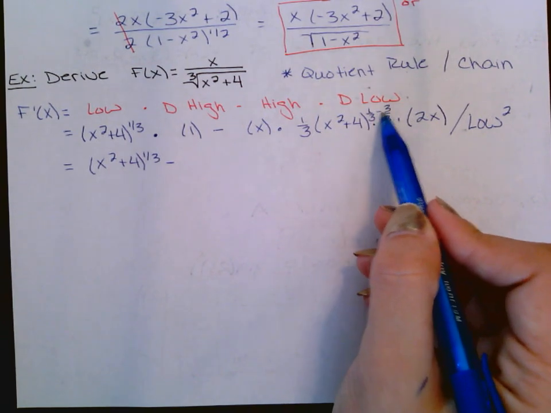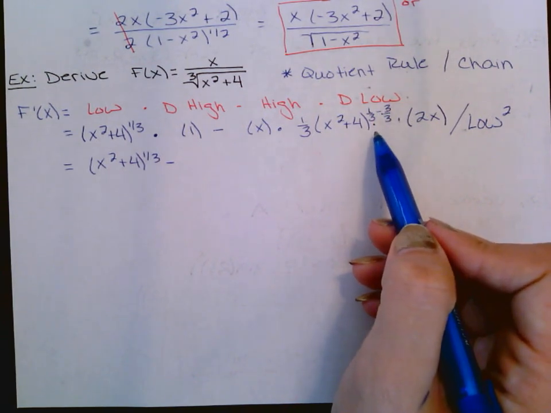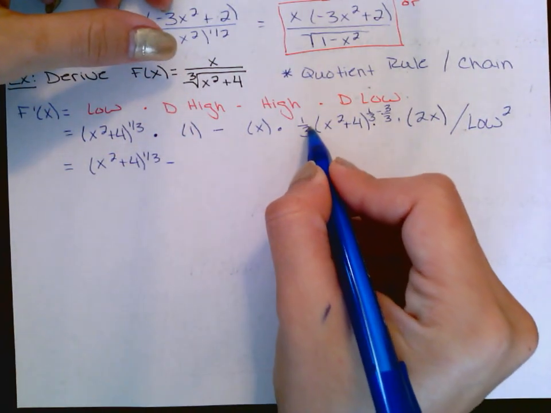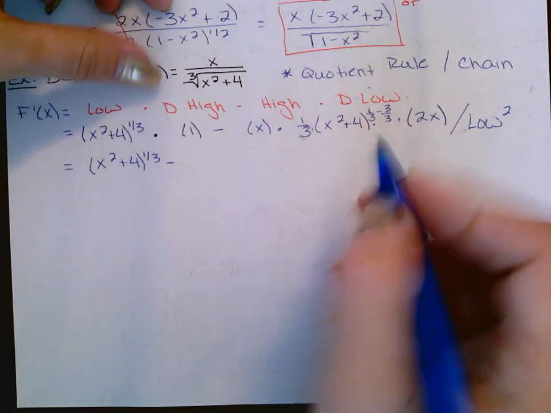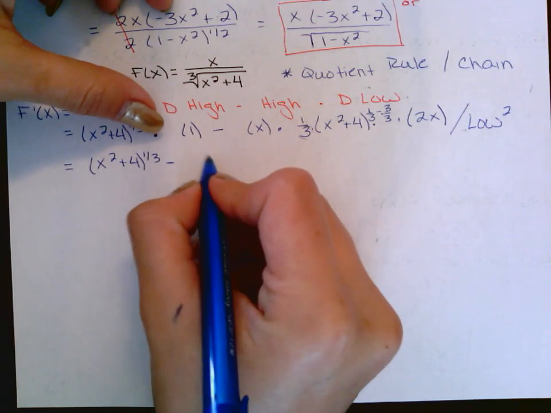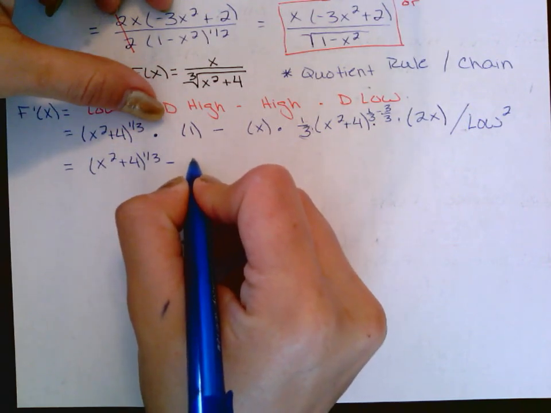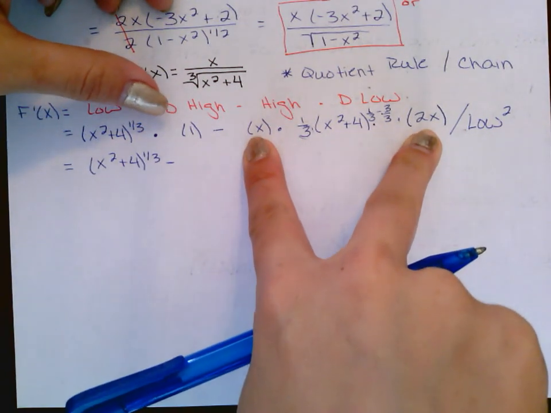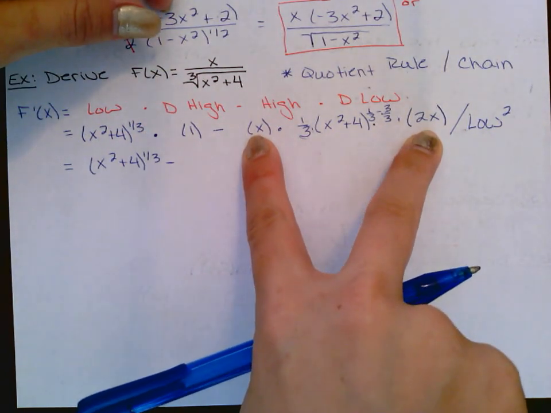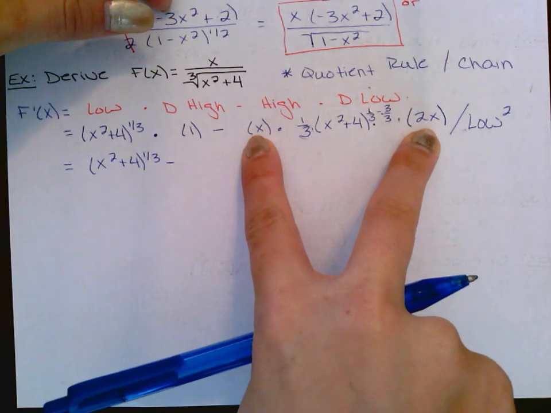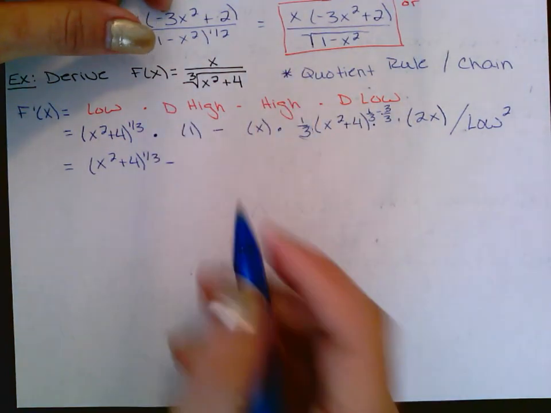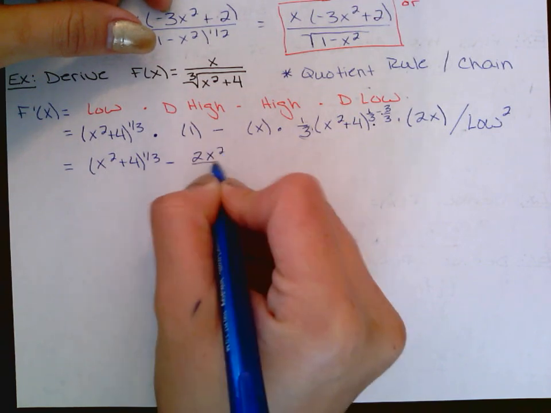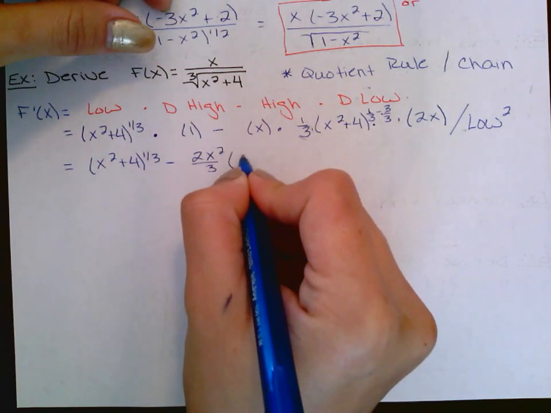So 1 minus 3 gives me a negative 2/3, okay? So right now the only thing I have in a denominator is this, 3. Actually, I'm just going to combine a few things for now just so we can take it slow. Once you feel like you're getting good at this, feel free to go much faster. x times 2x times 1/3 will give us 2x squared over 3, and then we'll clean this part next.